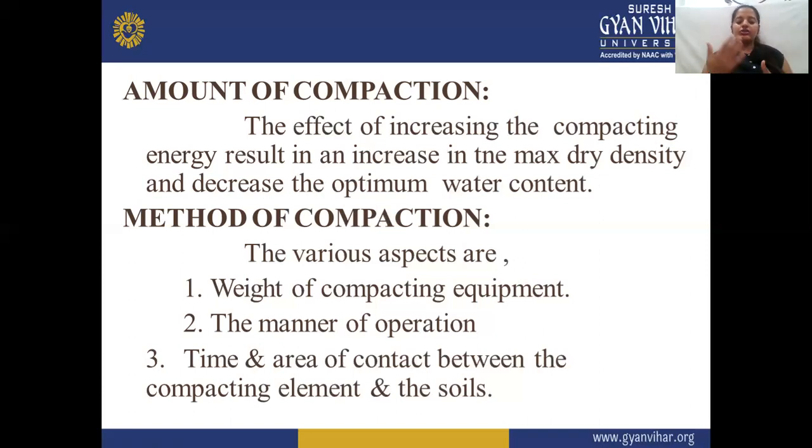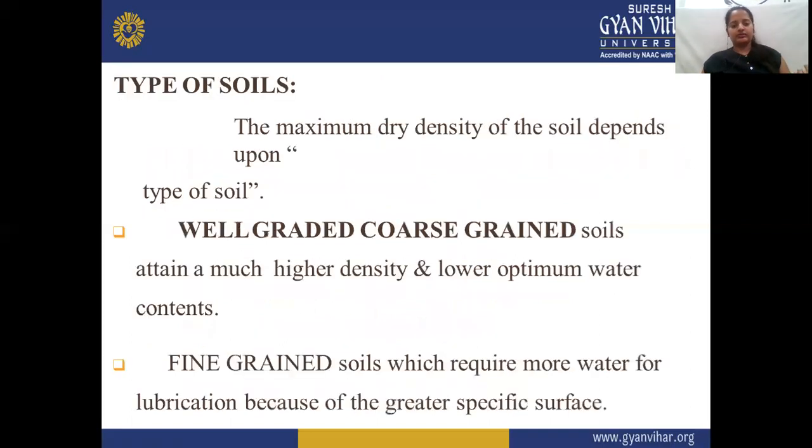The amount of exposure between the compacting element and the soil is also important. Sudden impact has a very short duration of contact between the compacting element and the soil, but it achieves maximum compaction.